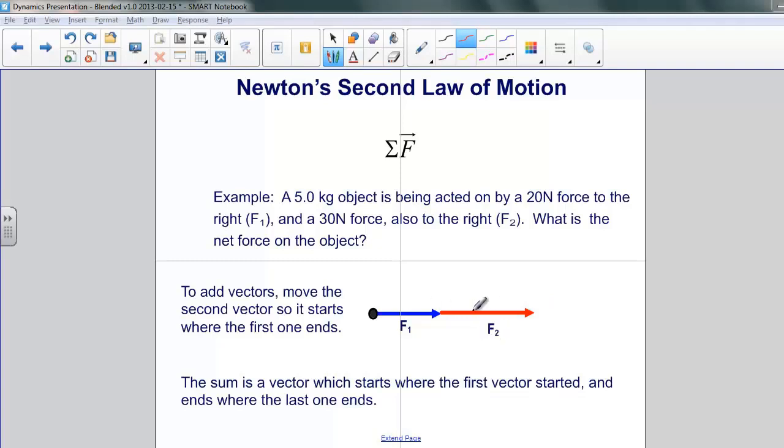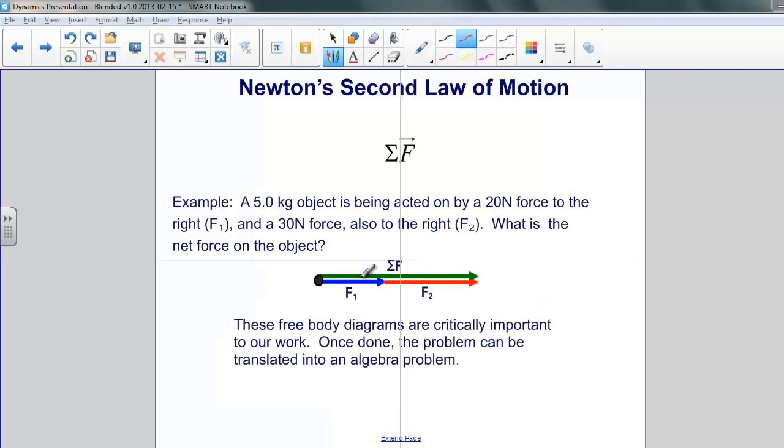So what we've done here is we've taken F2 and we've stuck it on the end of F1, and now the entire length of these two vectors, these two forces, F1 and F2, shows us the sum, and now we can use that to calculate our length. Once we've put F1 and F2 head to tail, we can add them together. The total length of the two vectors combined is now the net force vector. Force 1 plus force 2 is the net force.